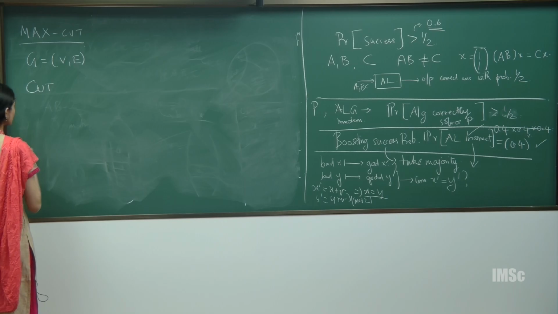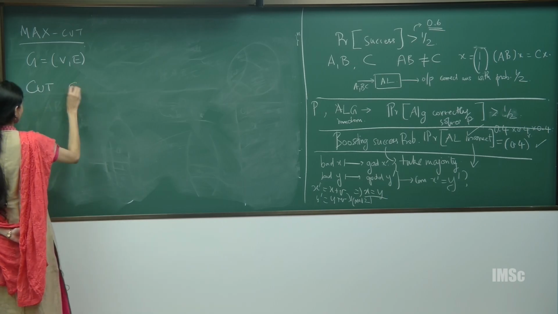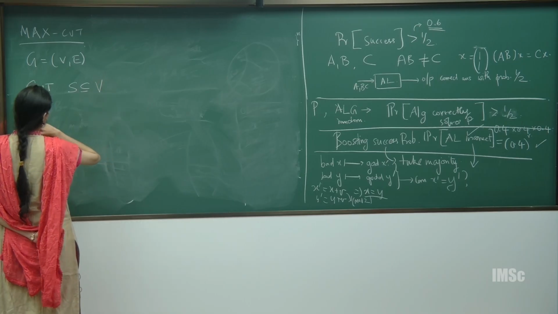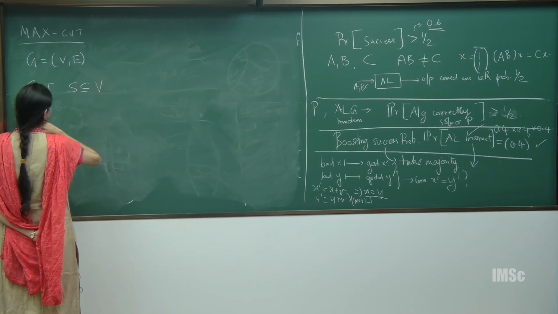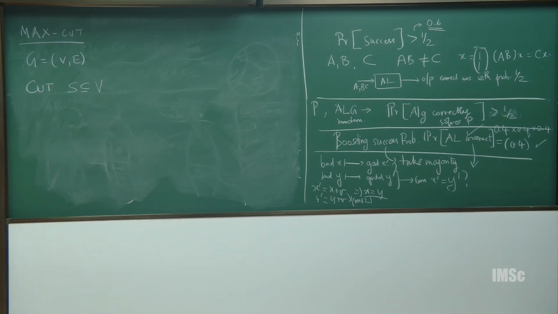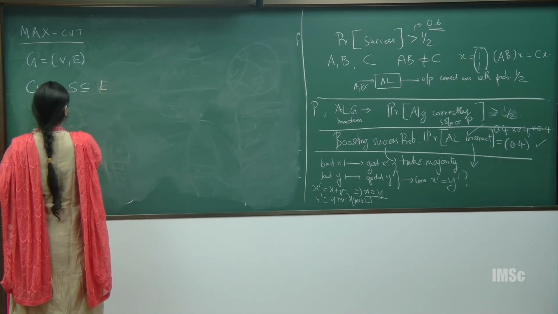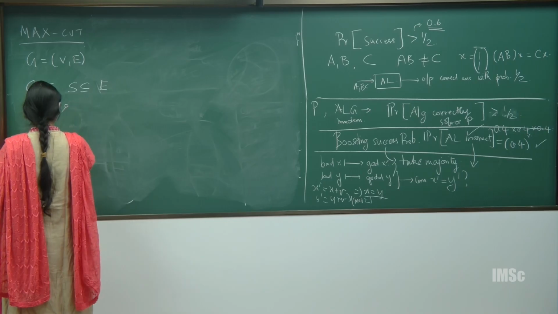So a cut is a set of vertices, or maybe, yeah, I can even define it as a set of edges. Okay, I'll define it as a set of vertices. So it's a set of edges. So maybe I should give an example, then it's easier.